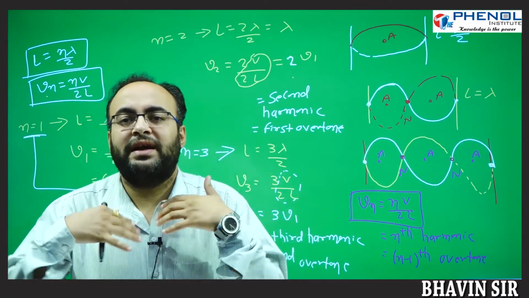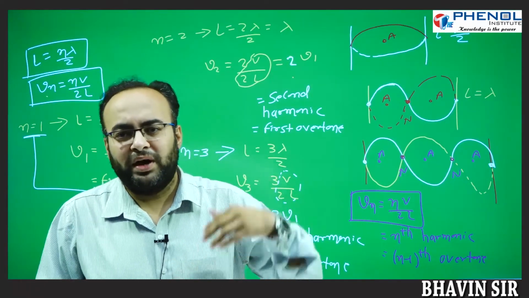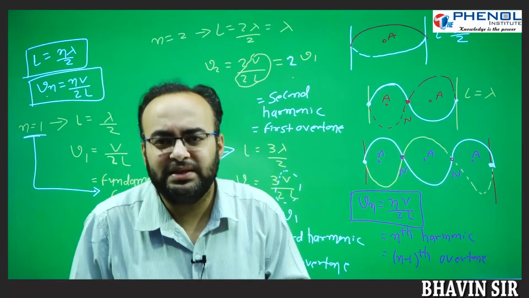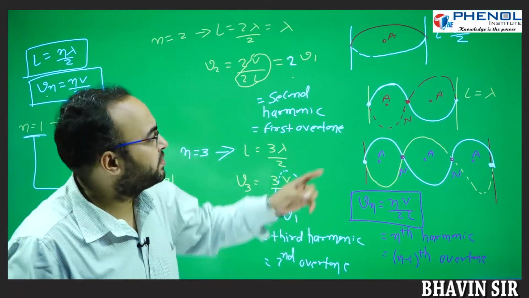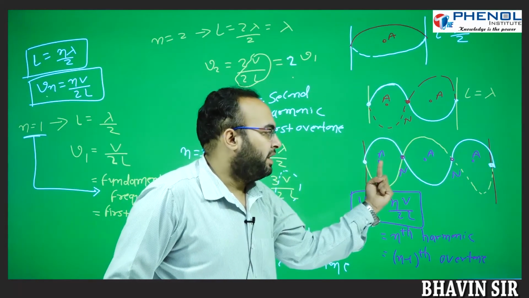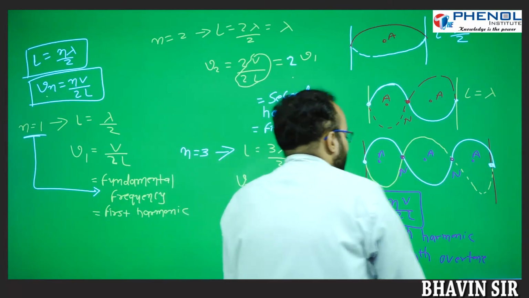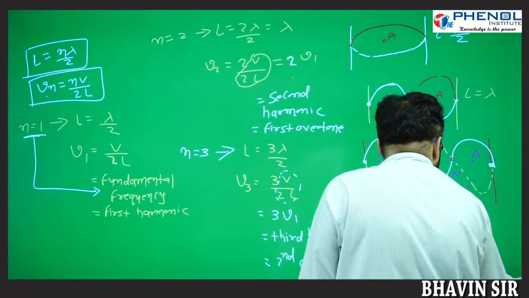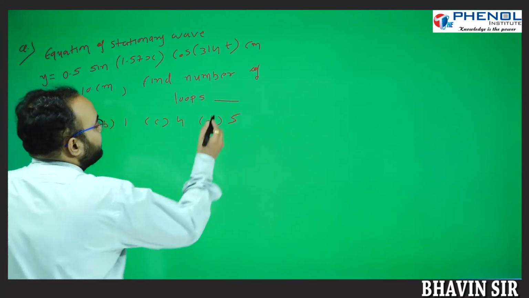So the number of loops means what? We want to find n. n is also known as the number of mode. So here we want to find n. Number of loops means n. Clear? Because when n equals 1, 1 loop, n equal to 2, 2 loops, n equal to 3, first, second, third, 3 loops.